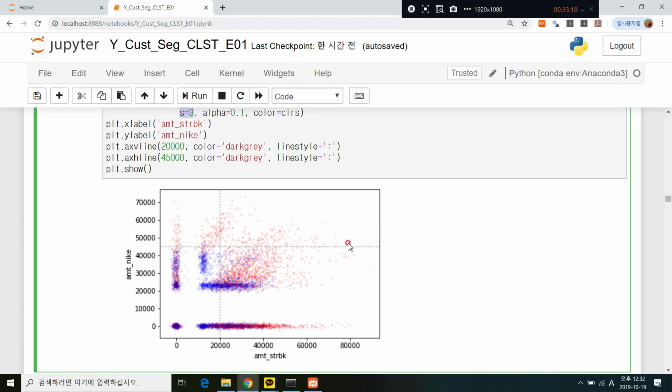Then you can draw a line here. You set these two as the threshold or cutoff points. Now vertically you used 20,000, and horizontally you chose 45,000.